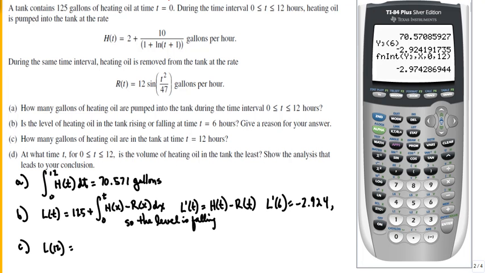But that's just the change over those 12 hours. I still want to add that to the 125 that was in there originally, and I come up with 122.026 gallons.